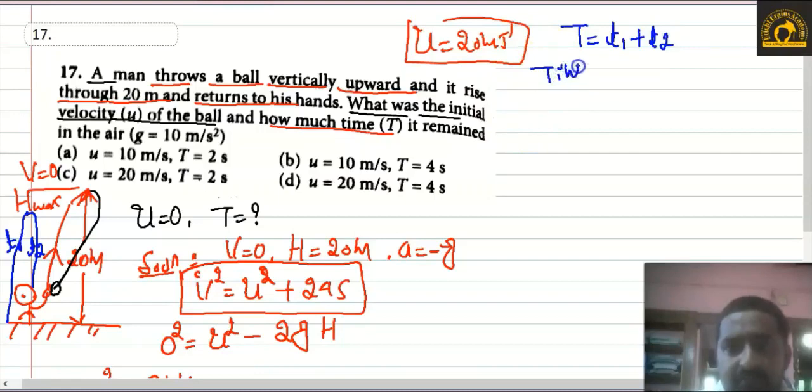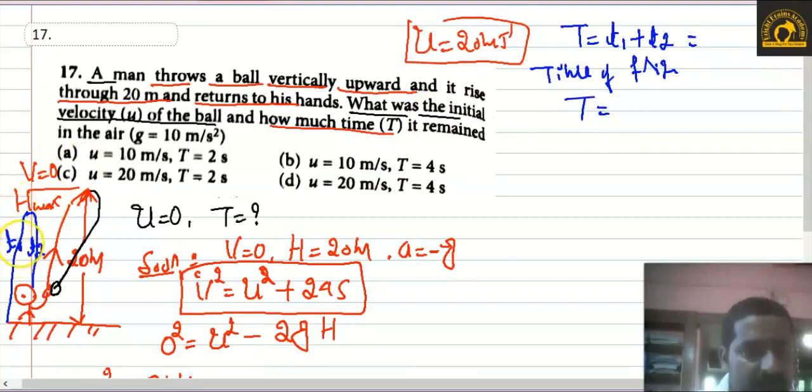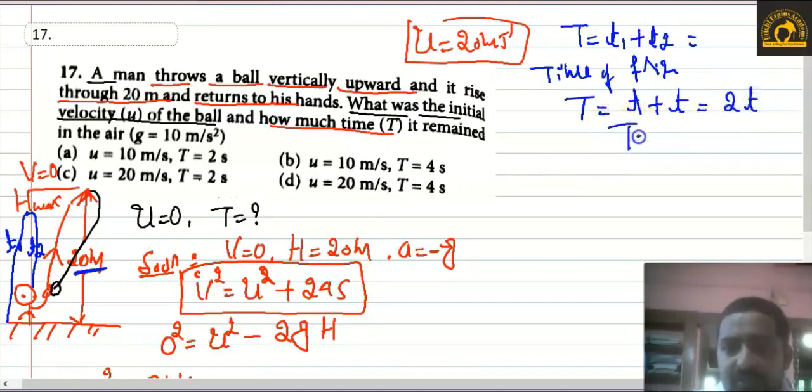Time of flight. Here t1 is equal to t and t2 is equal to t, because the height is the same, so the time taken to reach the ground is the same. That is t plus t, equal to 2t. The time of flight is equal to 2t.